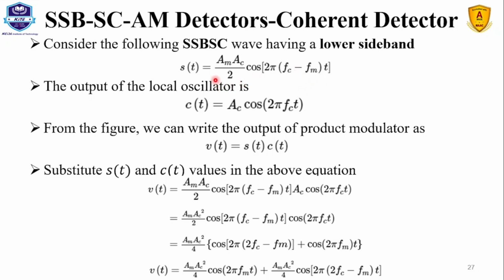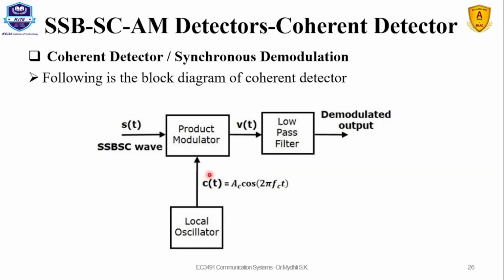If I consider S of t as the signal, with one of the sidebands suppressed, and a carrier generated by a local oscillator, this is taken as a product as in the previous case. So the output V of t will be S of t into C of t.